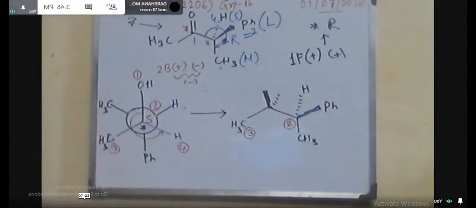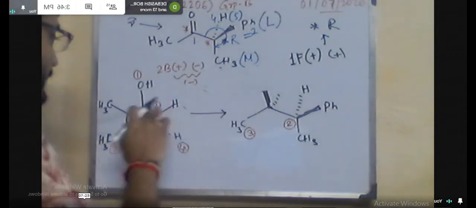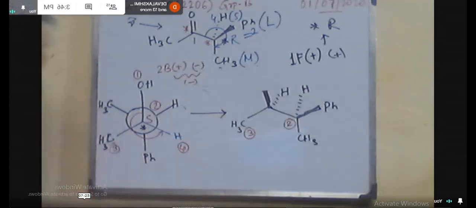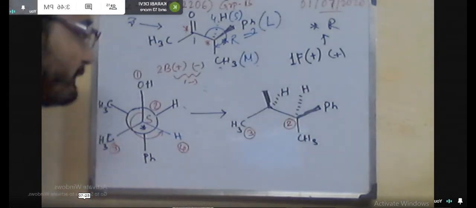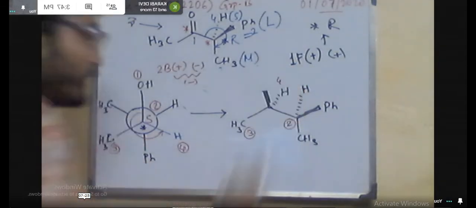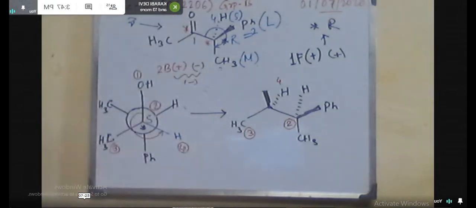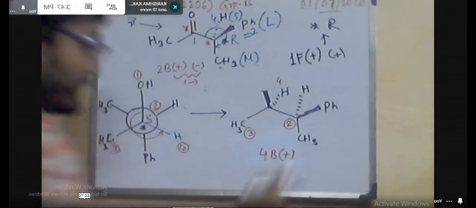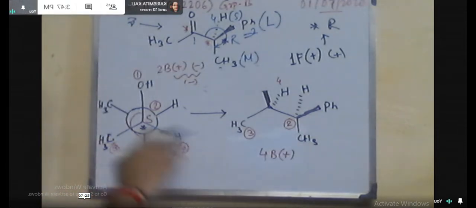Okay. So configuration is S means when this is 4b plus, the rotation of the rest of the 2 groups should be minus. So plus into minus, that means minus. But here if we put the OH group here, you can't find the rotation in the anti-clockwise fashion. So you have to just change the position. In this case, keep the hydrogen in the front side and OH in the backward side, or away from the viewer.